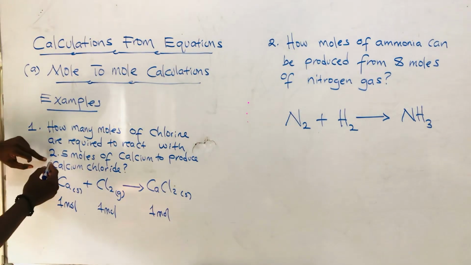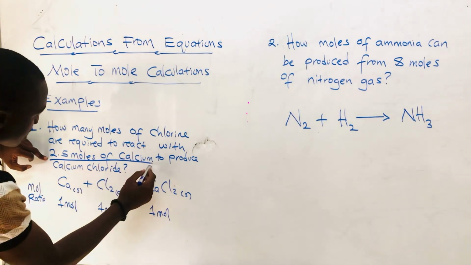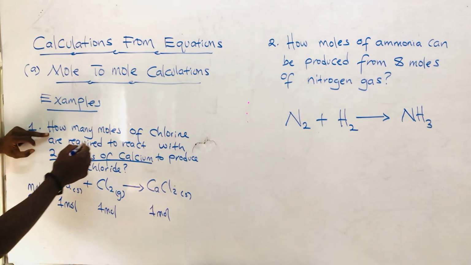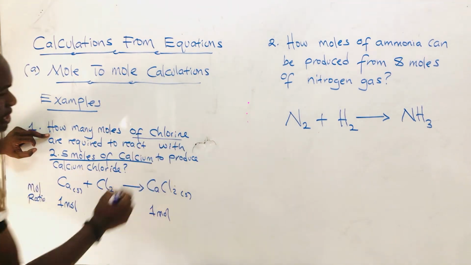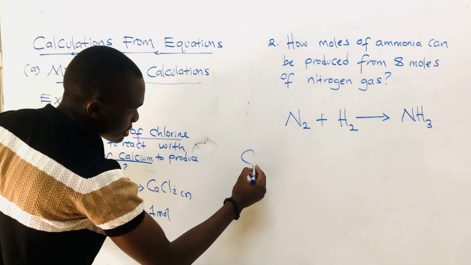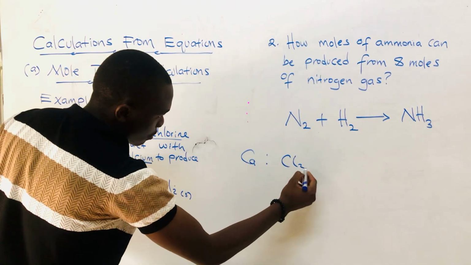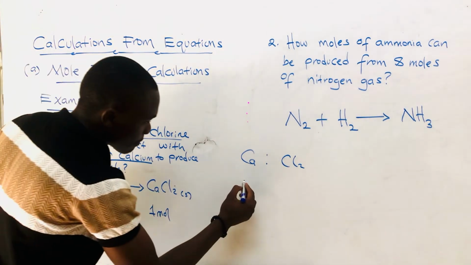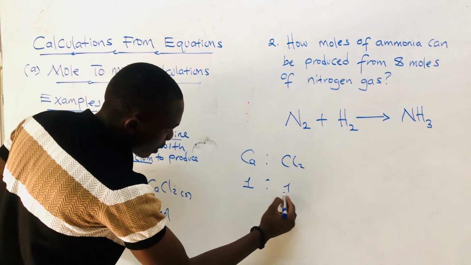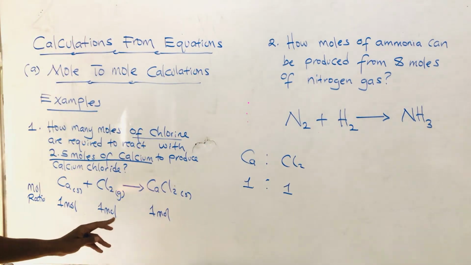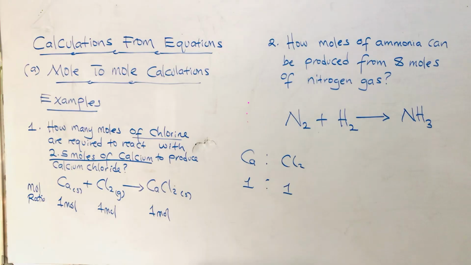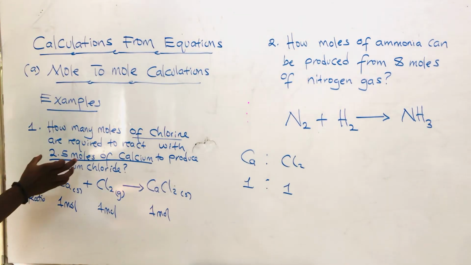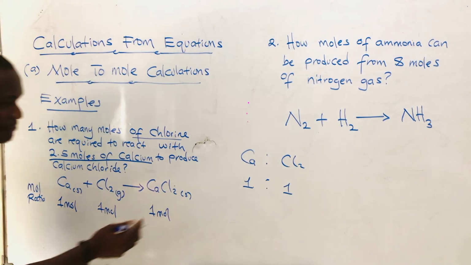So remember, they've given us 2.5 moles of what? Calcium. And then they want us to calculate the number of moles of chlorine. So this is between calcium and chlorine. So what are their mole ratios? We have 1 and 1 there. So we have a 1 to 1 mole ratio. You've seen that, right? So how many moles of calcium have been given? We've been given 2.5 moles of calcium.